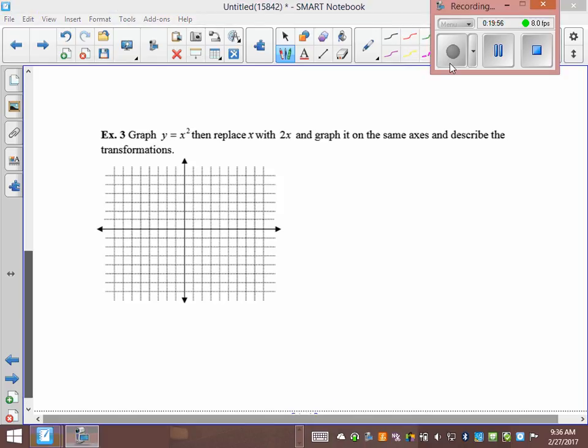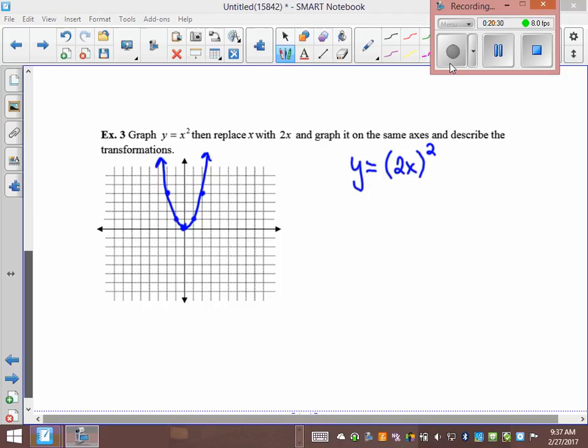Okay, once again, when we plot x squared, it's 0, 0, 1, 1, negative 1, 1, 2, 4, negative 2, 4. Now we want to replace x with 2x, so we're going to get y equals (2x) squared. Now, if you watch yourself on this one, this could also be a vertical stretch.